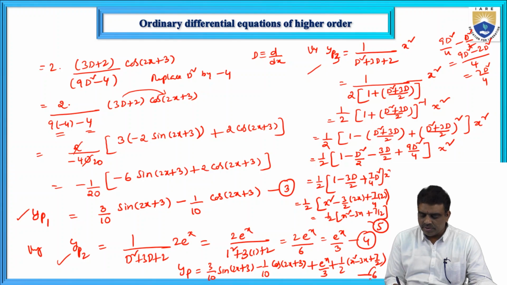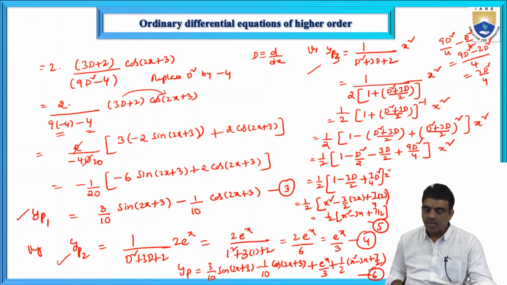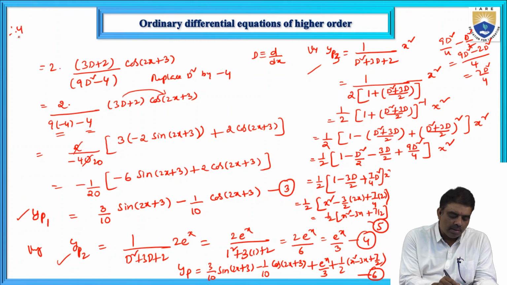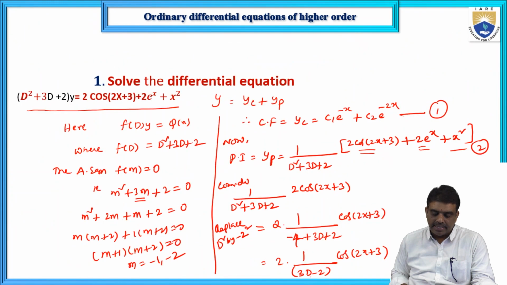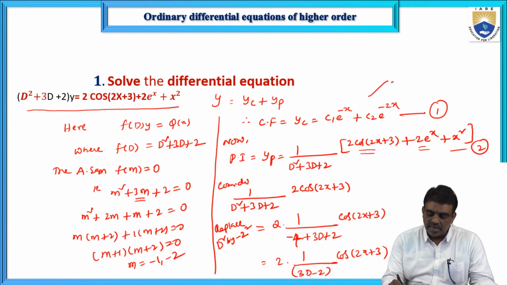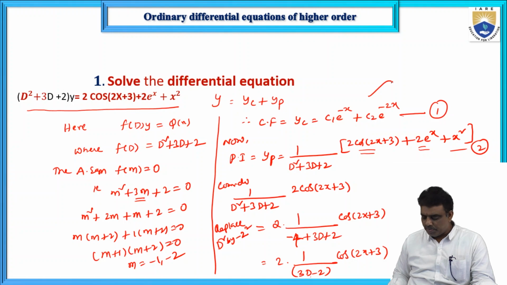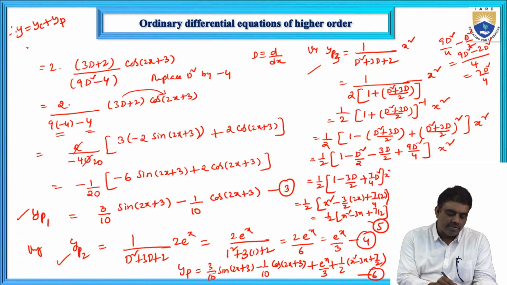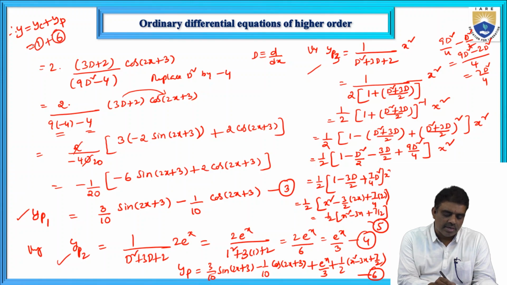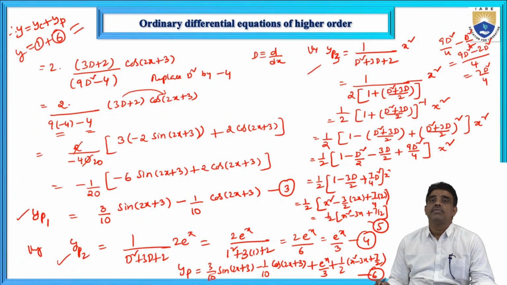So this is equation number 6. Therefore, the complete solution y is equal to yc plus yp. The yc already we have calculated, that is c1 e power minus x plus c2 e power minus 2x, plus the whole terms, that is equation number 1 plus 6. You get the required solution of the given differential equation.